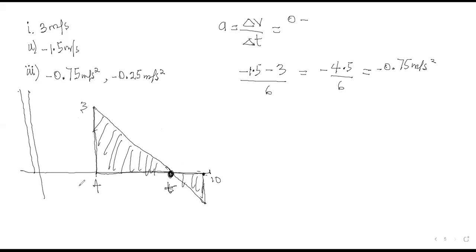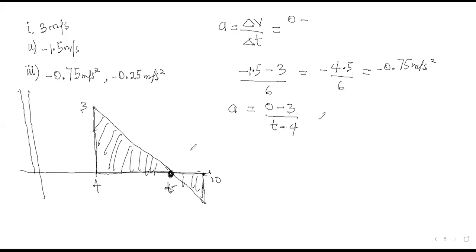This is also 0. Then this is 4. So change in the vertical is equal to 0 minus 3 divided by change in the horizontal, which is the unknown time minus 4, T minus 4.